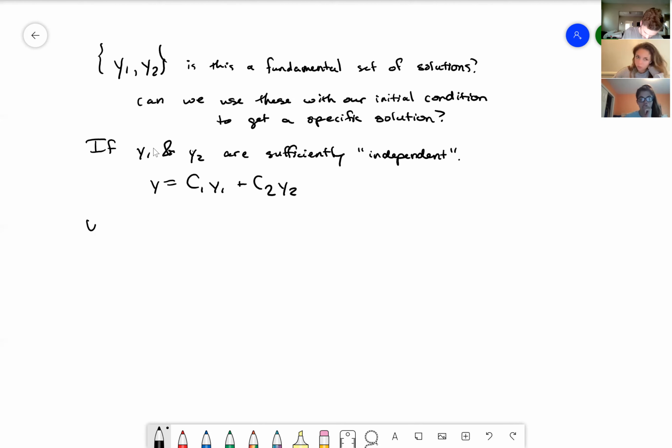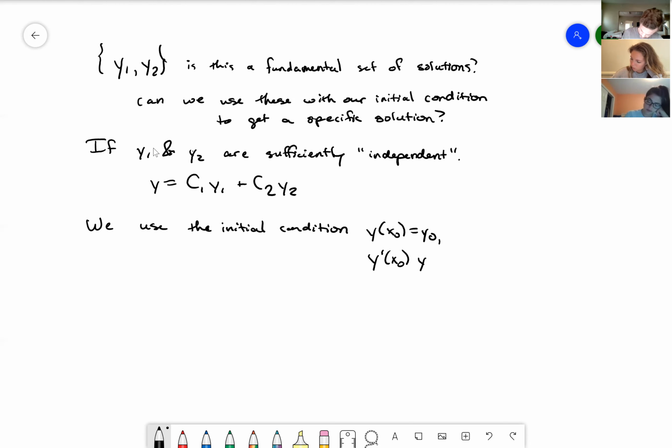So we use the initial condition y of x0 equals y0 and y prime of x0 equals y0 prime to determine the constants c1, c2.